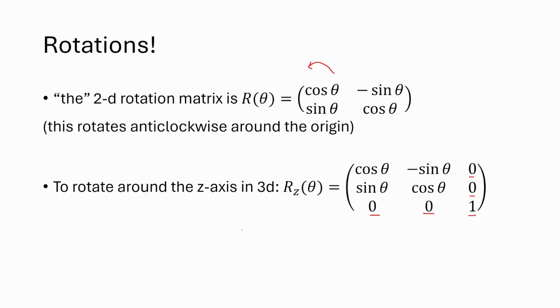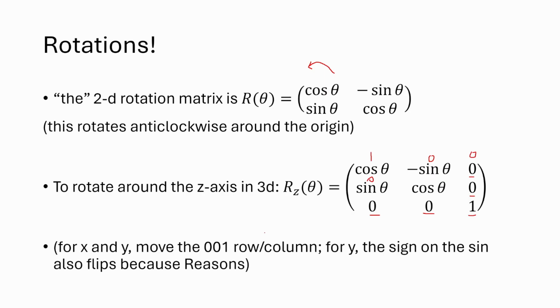There are analogous matrices for rotating around the x and y axes, and the x-axis has the 1 in the upper left corner. So it goes like 1, 0, 0, 0, then cos, minus sine, 0, sine, cos. The y-axis one is a little bit funky. I actually revisited my notes from last year to decide how I felt about this and whether I could explain it better this year.